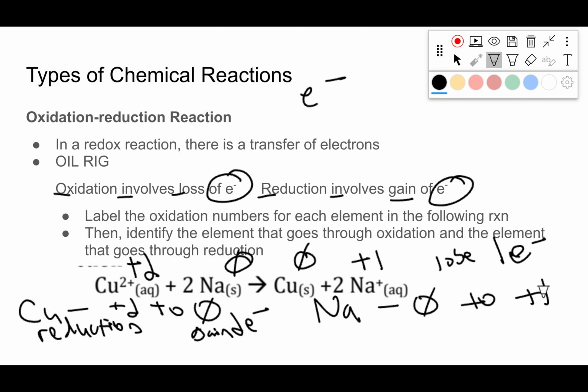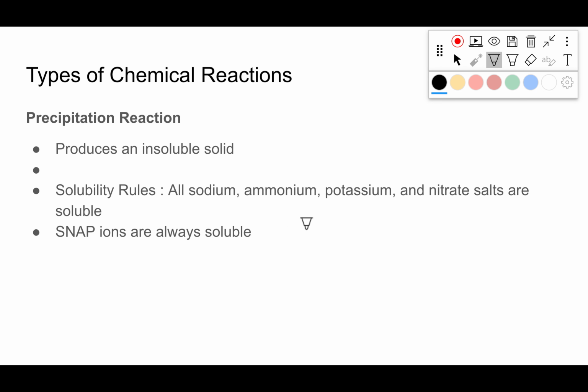And so whenever I lost that 1 electron, it went to a positive charge. Oxidation involves loss of electrons. So since I lost 1 electron, this is going to go through the process of oxidation. We are going to practice this topic much more in section 4.9. We will talk more about oxidation and reduction.